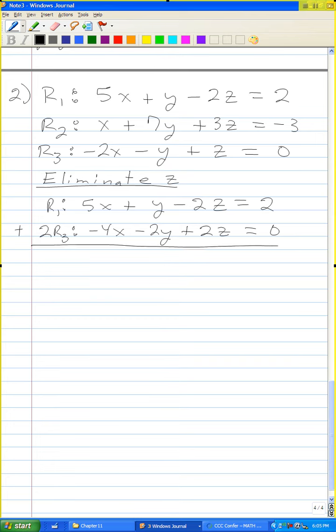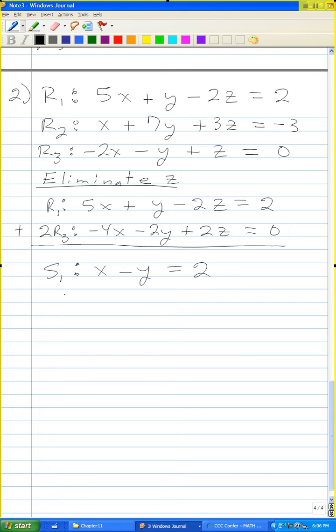If I do that, I get, well, 5x minus 4x is x. y minus 2y is minus y. The two z's cancel, equals 2. Let me call that a new equation, S1. So I have eliminated z using the first and third equation. I never used the second equation. So I must keep going on to eliminate z using the second equation.